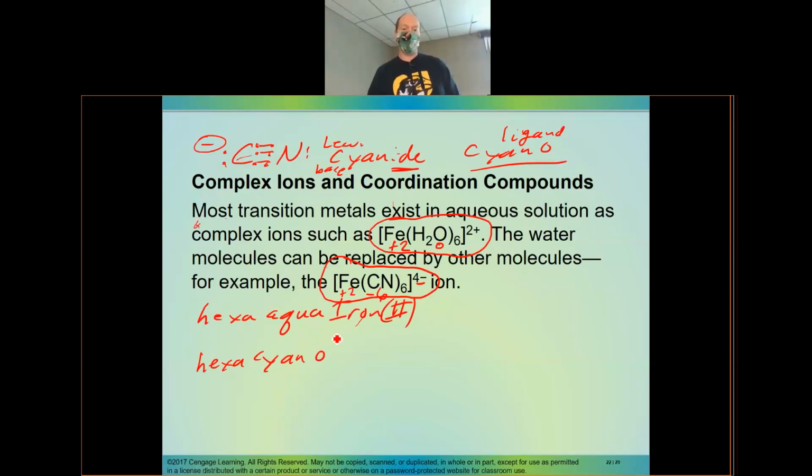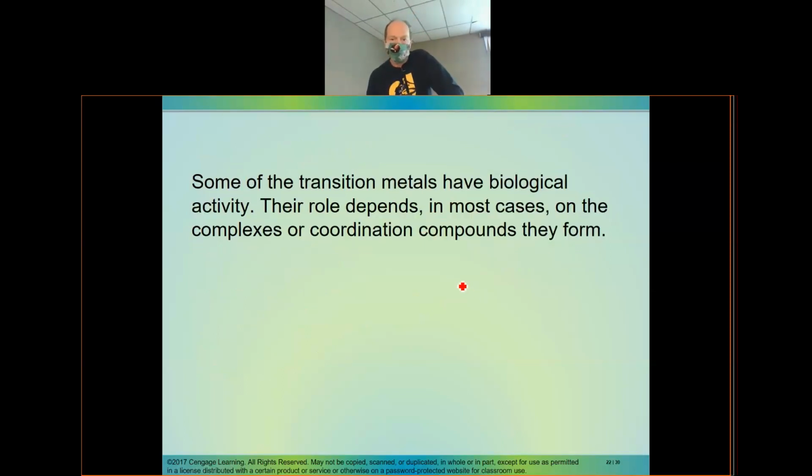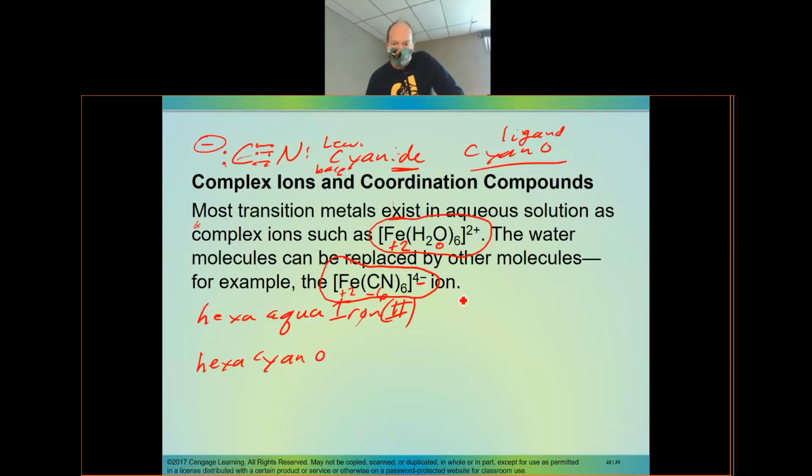All right, so hexacyano. And now another rule when you're naming is when the complex is negative, the metal ends in -ate. So being a negative charge overall, now my metal name ends in -ate. All right, and so it is ferrate. But if you call it ironate, I am fine with that.